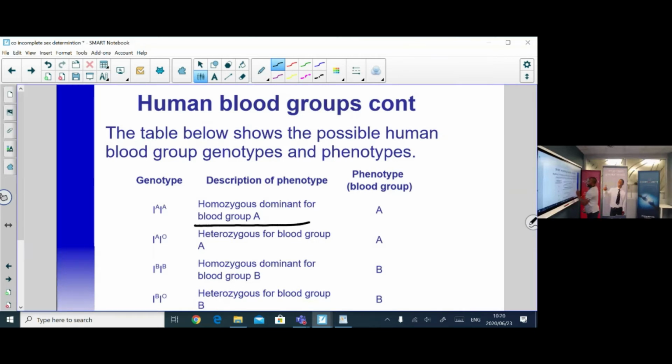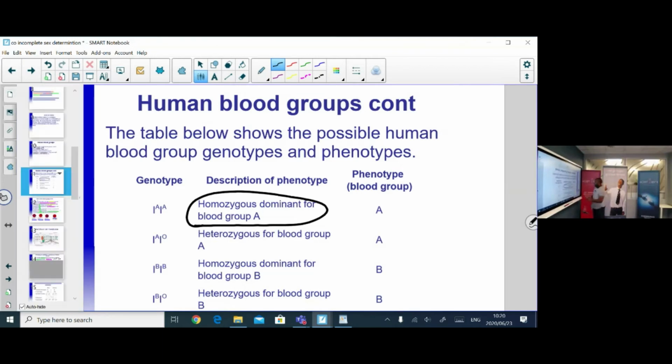So you have to work it out from the information that is given. In some questions, you'll be given the information in part 2 of the question. This question can be subdivided into A, B, or C. So you can even get the clue of the description of the phenotype from what is given in part of the question. Are we together? Great.